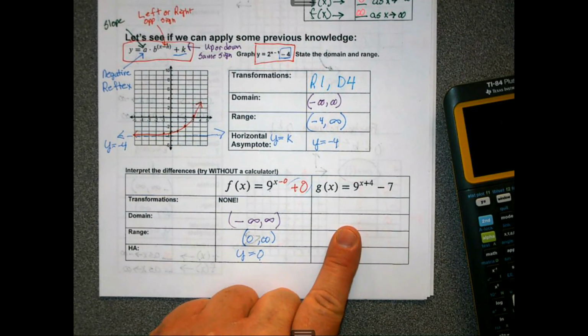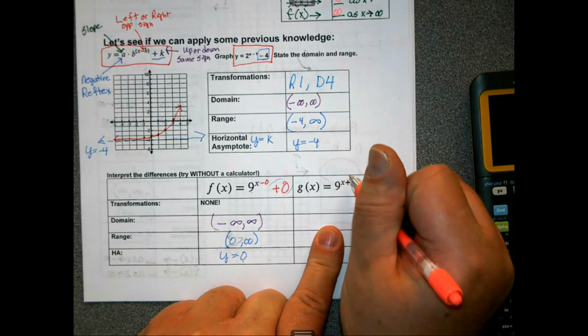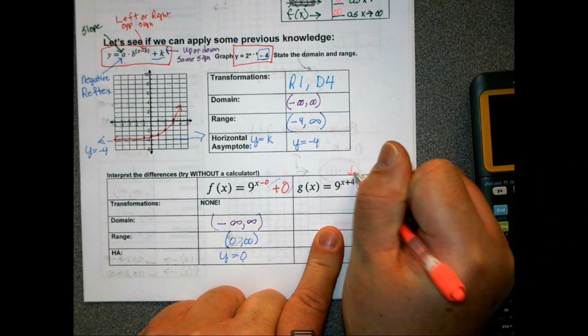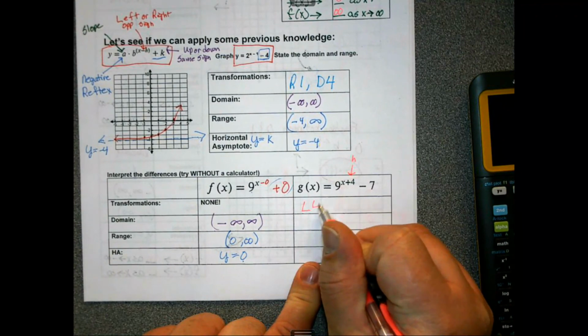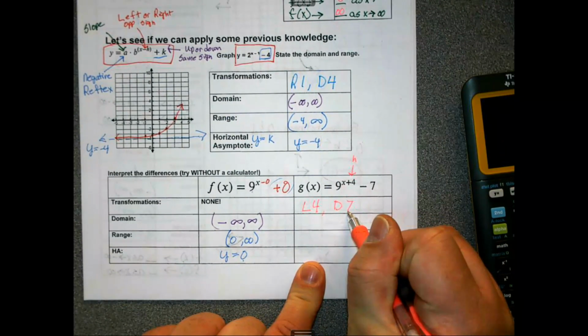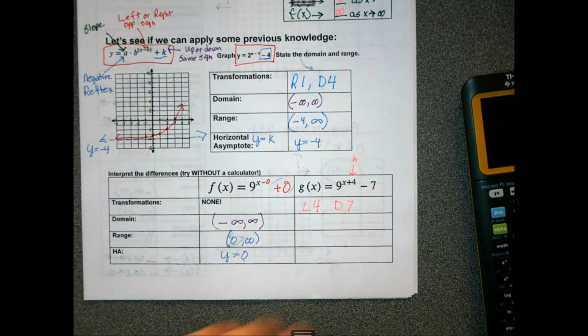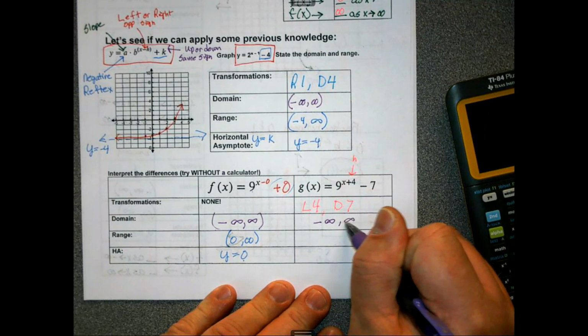Okay, let's list the transformations in this one. Here's my h. So it's going to be left 4 and then down 7. Domain, easy. No matter growth or decay, it's all real numbers.